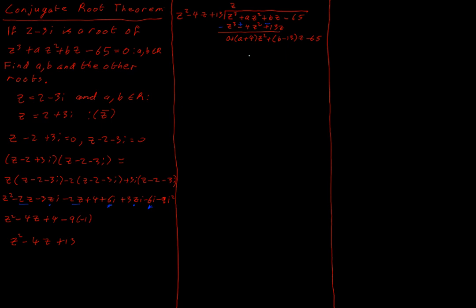Now the whole process starts again, and I have z squared goes into a plus 4 times z squared, a plus 4 times. And then I multiply in.